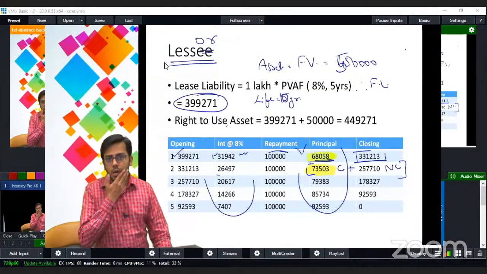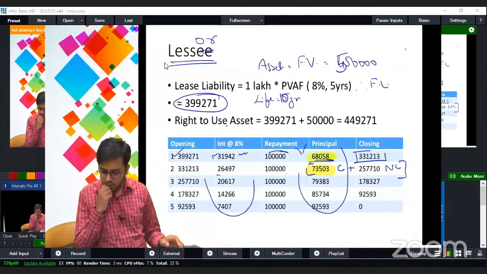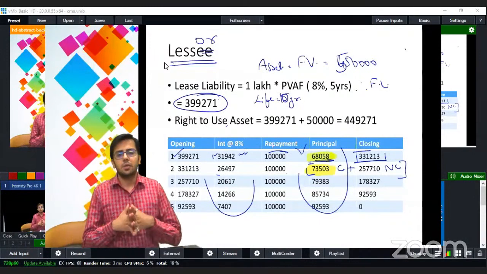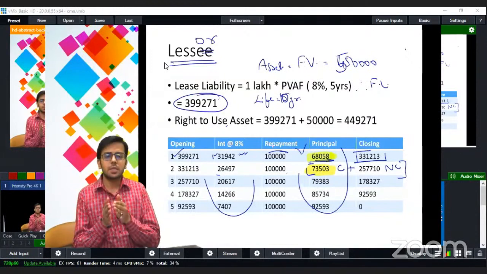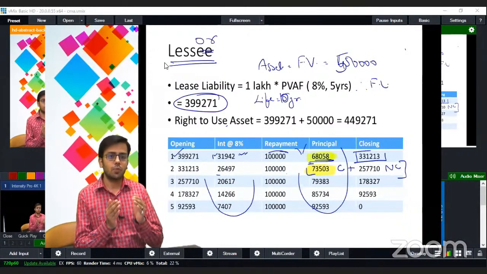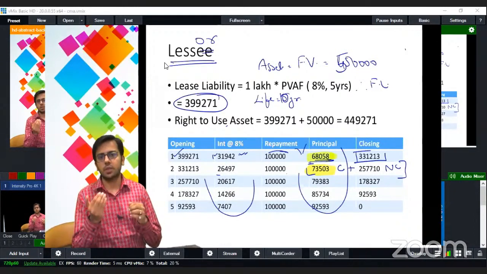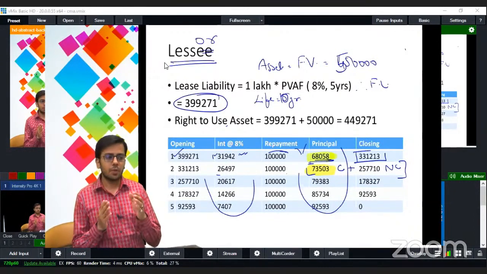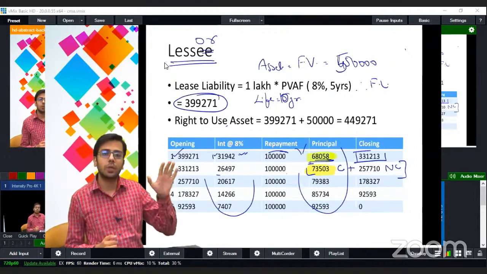So there is this difference that is being asked. Difference between Ind AS 116 and AS 19. See, if we look at the accounting standard AS 19, it says that you have to check finance lease and operating lease from the point of view of both, lessee and lessor. But when we talk about Indian accounting standard, it says that we have to check finance lease or operating lease from lessor's point of view only.